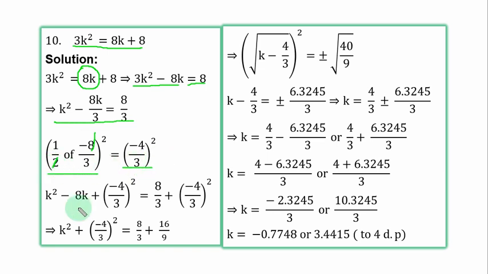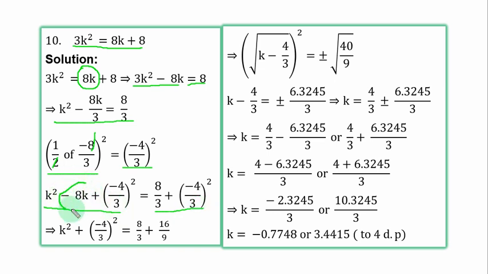You add it to both sides. The next step is to ignore the term that contains k, so that you can have a perfect square in the left hand side.